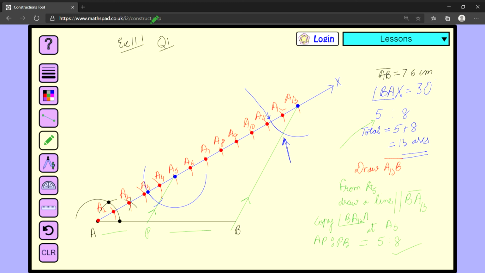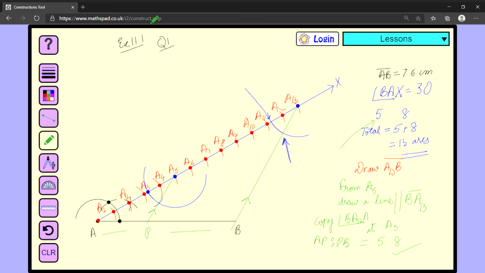The second way to justify this construction is with the help of the basic proportionality theorem. Since we have constructed a line parallel to one side of the triangle, this line will divide the other two sides in equal ratio.